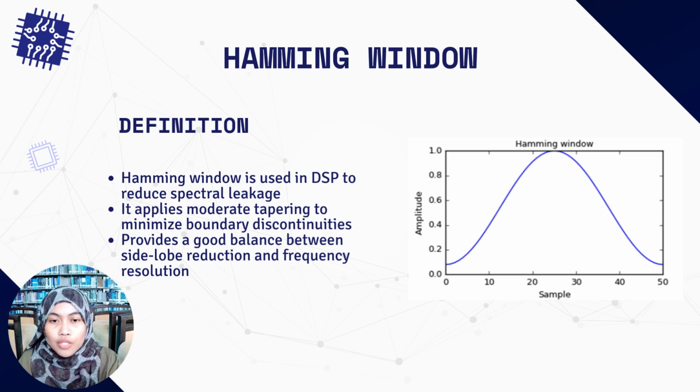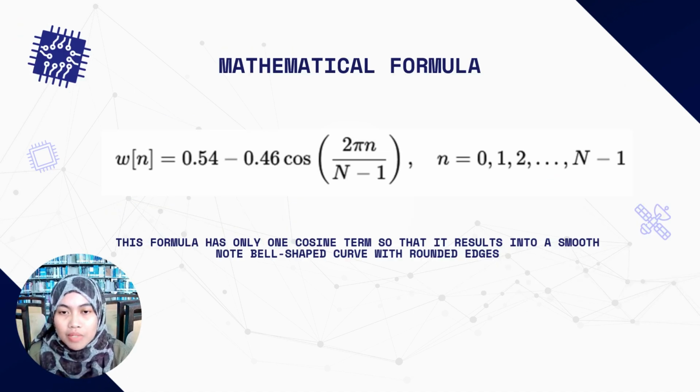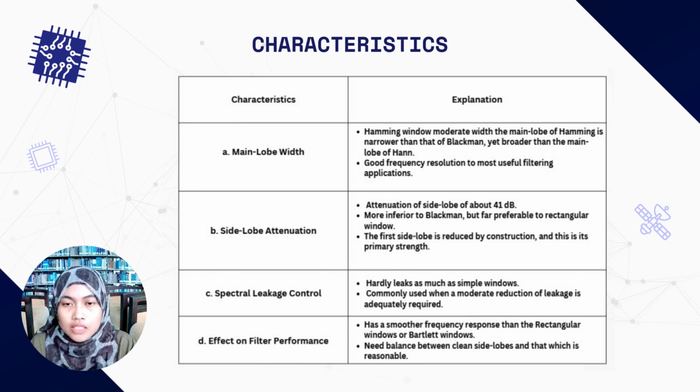For the graph of the Hamming window, we have amplitude on the x-axis and sample on the y-axis. And this is the mathematical formula for the Hamming window filter. This formula has only one cosine term, so it results in a smooth bell-shaped curve with rounded edges.